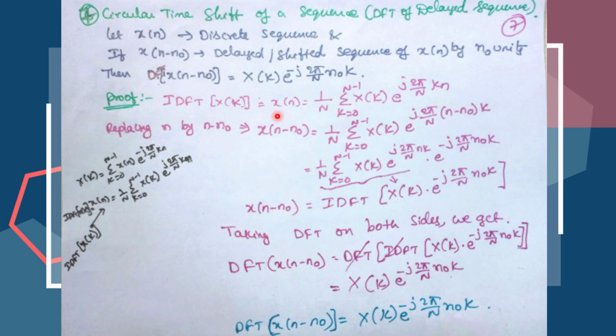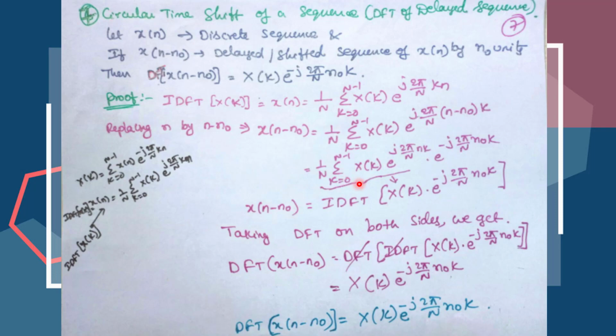IDFT of x of k can be written as x of n, 1 by n summation of x of k e power j 2 pi by n kn, k varies from 0 to n minus 1. Replacing this n with n minus n naught, here also n is replaced with n minus n naught. Split this equation, then you will get it like this.